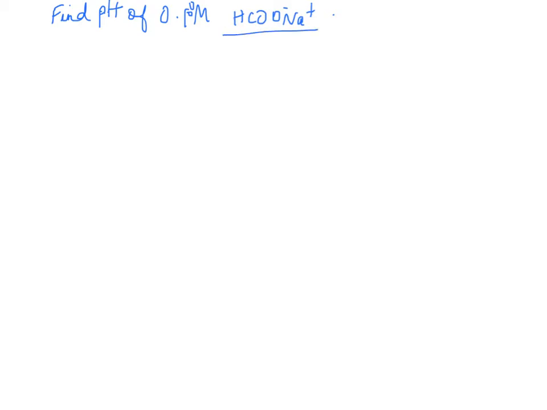Of course, you can see that if it's a sodium salt, it's going to completely dissociate into the formate and the sodium ions. And you also know that sodium ion in particular doesn't really have any acidic or basic properties, but formate on the other hand is the conjugate anion of a weak acid.